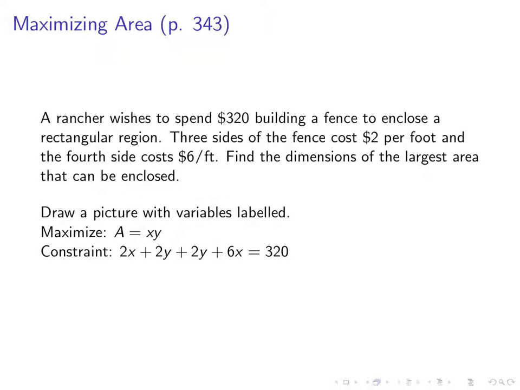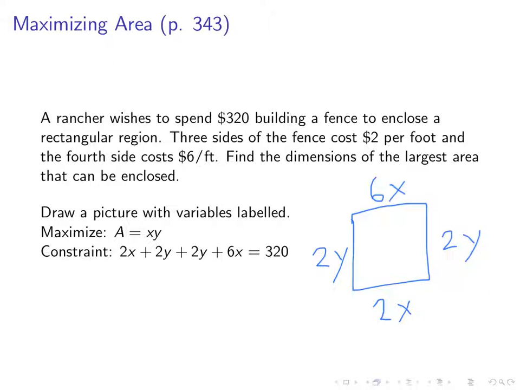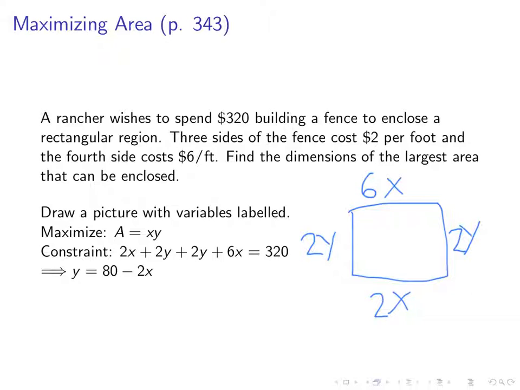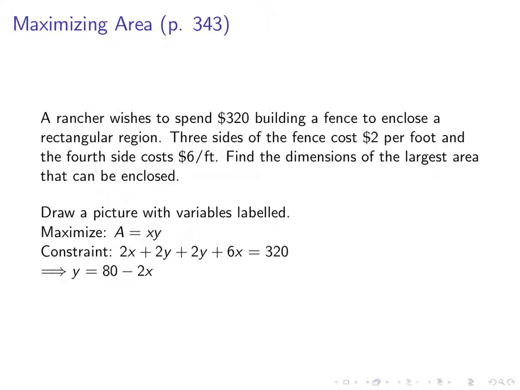And the constraint from the picture is 2x plus 2y plus 2y, those are the three sides that cost $2 per foot, so there's the total cost, plus the top, which costs 6 times x, and that's equal to 320. That simplifies down to 80 minus 2x equals y. So y is solved in terms of x, given this constraint that was stated in the problem.